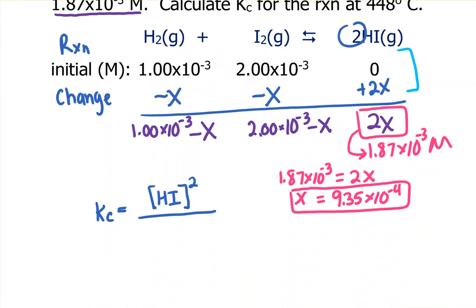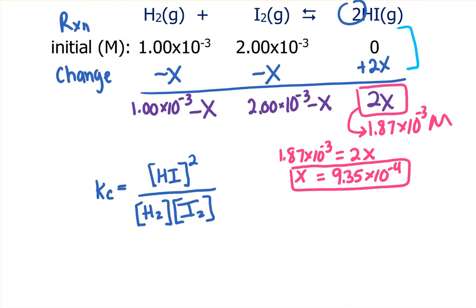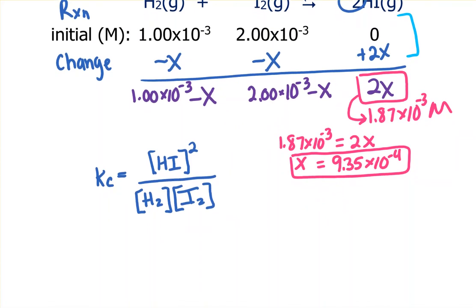So that coefficient is used for different things. It's used for this too, but remember when we write our expression, it's an exponent. Then there's no coefficient on these, so I don't have anything there. Okay, so that's my equilibrium constant expression.